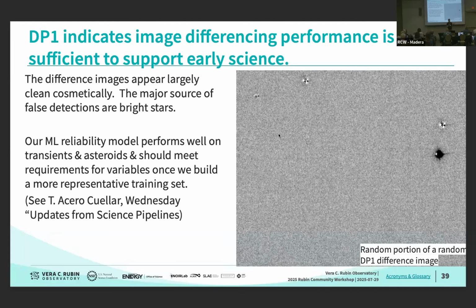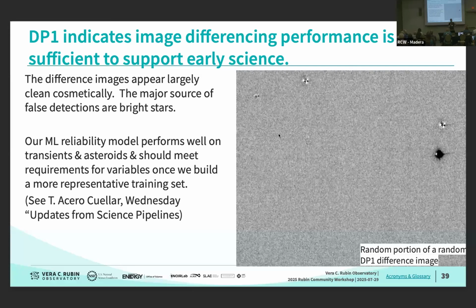We have a machine-learned reliability model, again described in the DP1 paper. You'll hear again from Tatiana Acero-Cuellar in the next session, which is today. It performs very well on transients and asteroids. We didn't have variable stars in the injected training set, and so it doesn't perform very well on them.